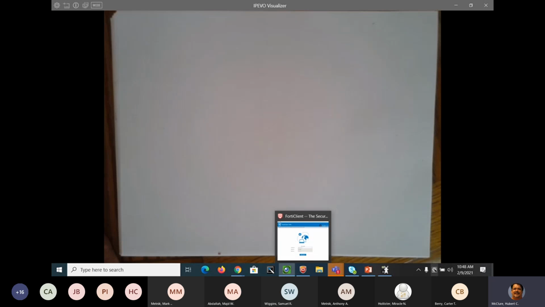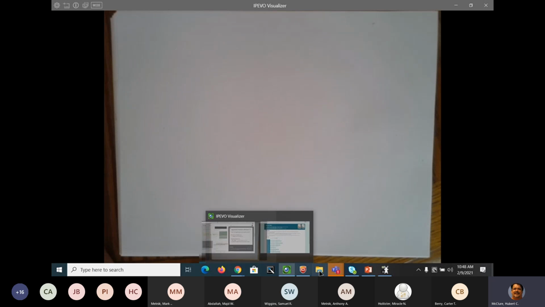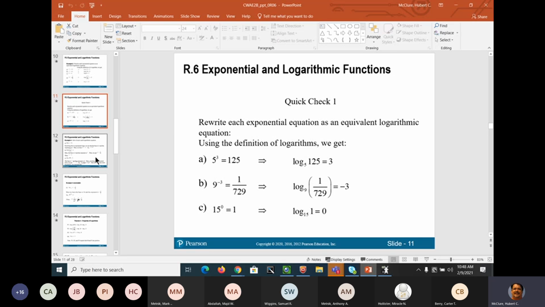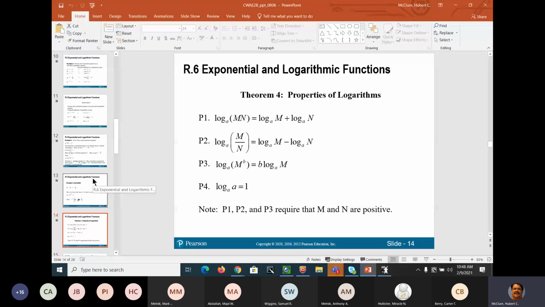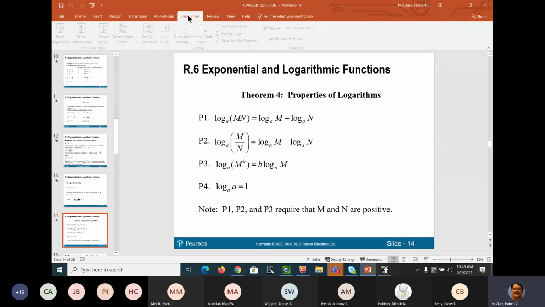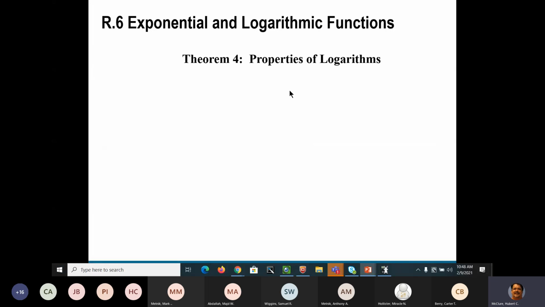Okay, next. I think I saw, there they are. Properties of logarithms. I'm going to make that big, so anybody that didn't write it down a few minutes ago, there it is.